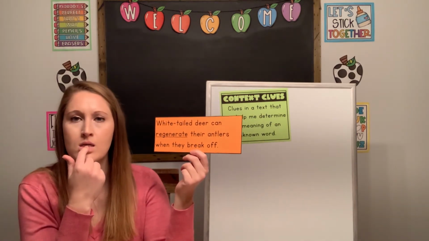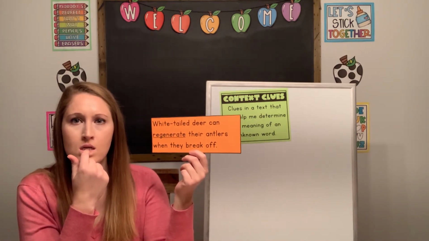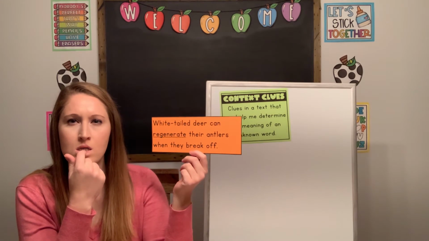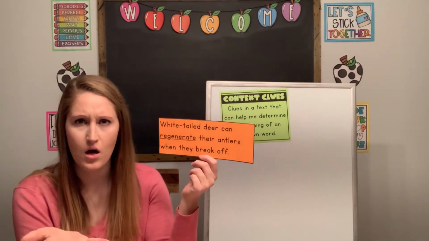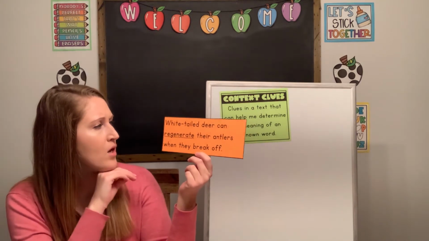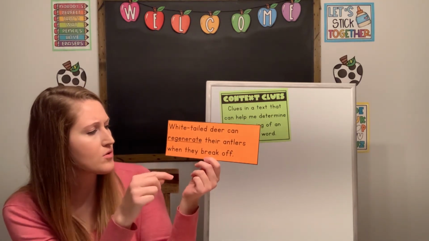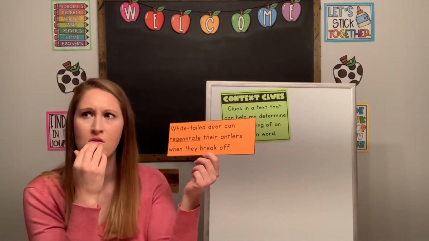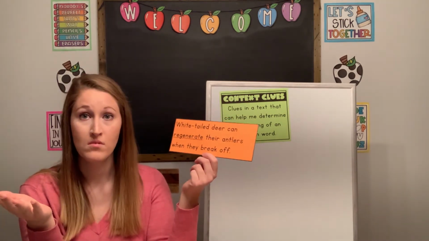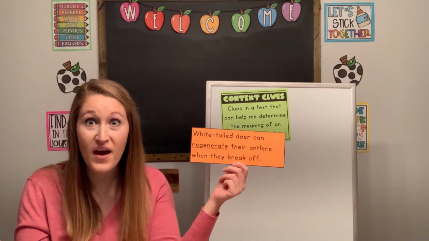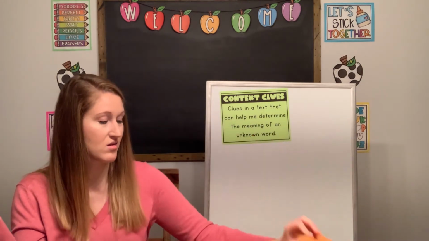Regenerate. Rebuild, recreate, regrow. Let's see. White-tailed deer can regrow their antlers when they break off. Does that sentence make sense? Yeah, that's a pretty cool fact, don't you think? I think so too.